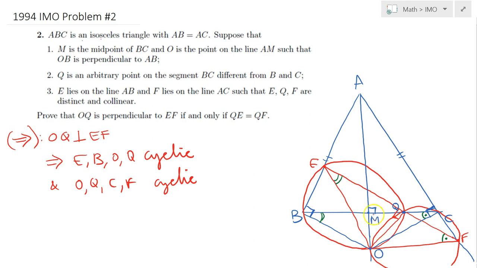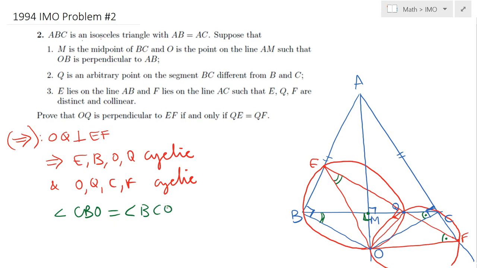Finally, notice that OM is a perpendicular bisector of BC because M is the midpoint of BC, being the altitude of an isosceles triangle ABC. As a result, angle CBO is equal to angle BCO.